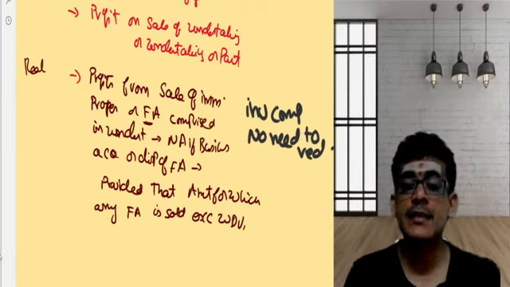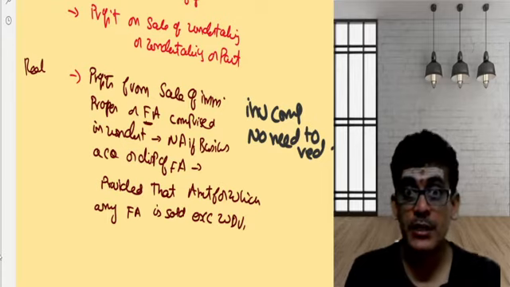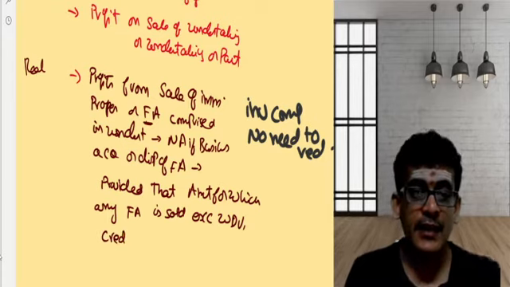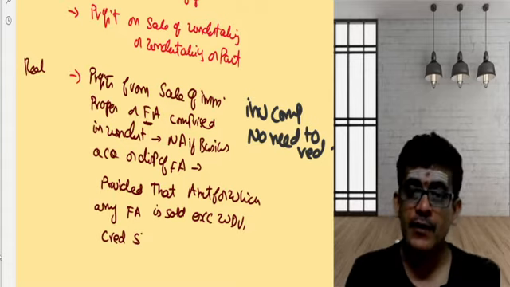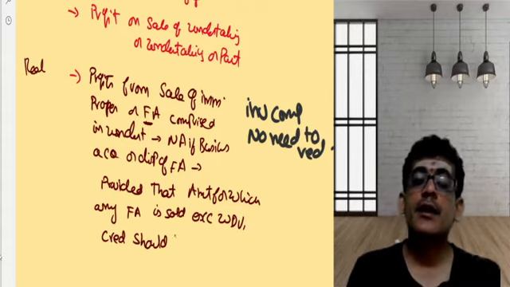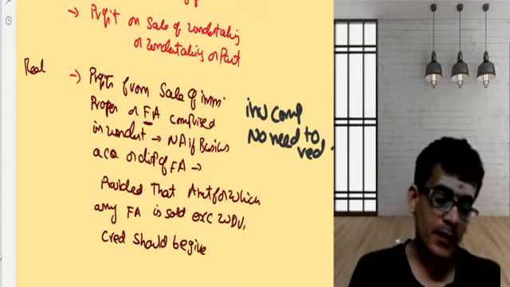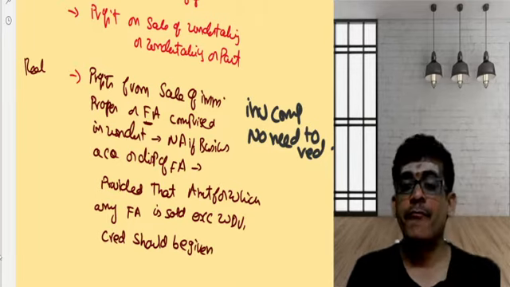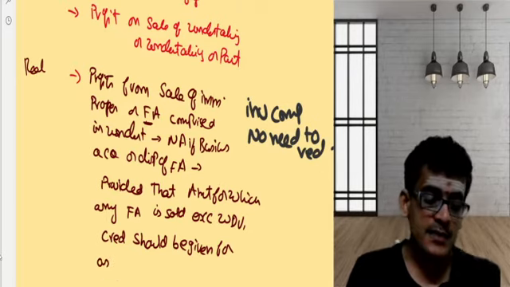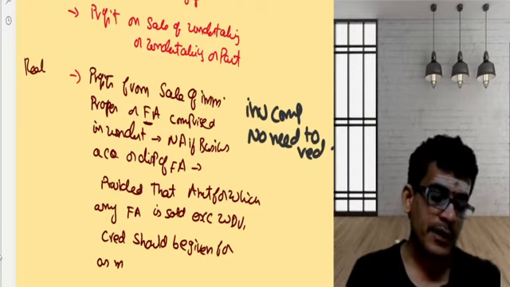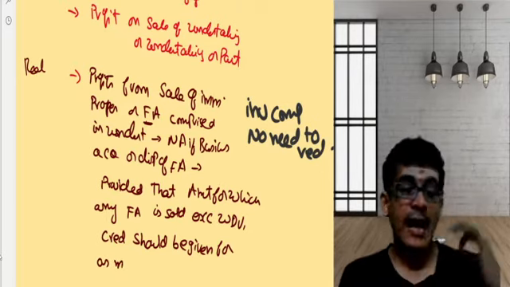Now when it is exceeding the WDV, what does the statement say here? Credit can be given. Credit can be given for what?